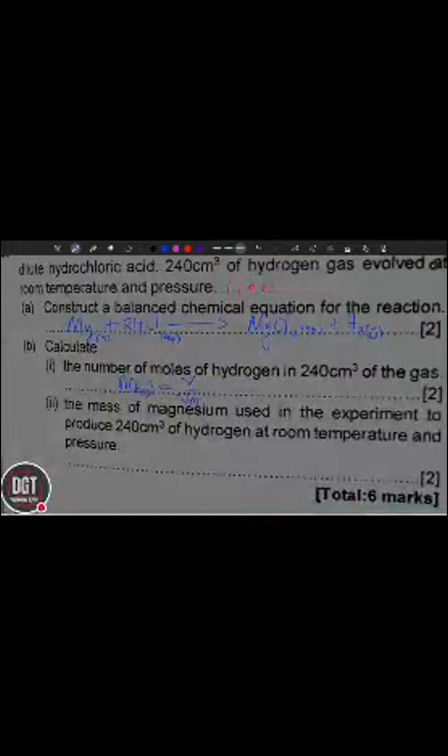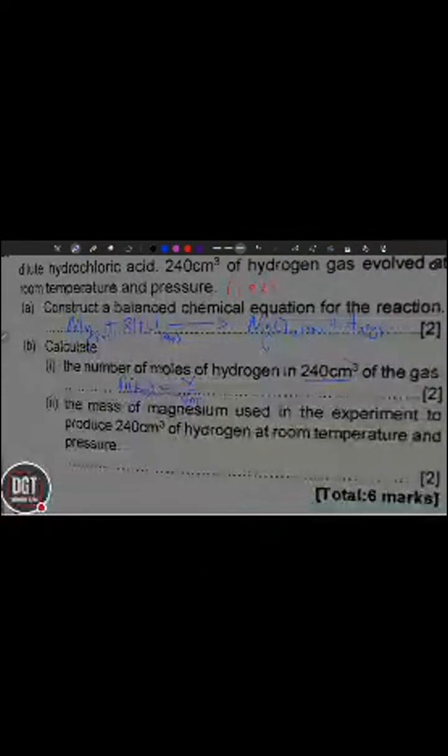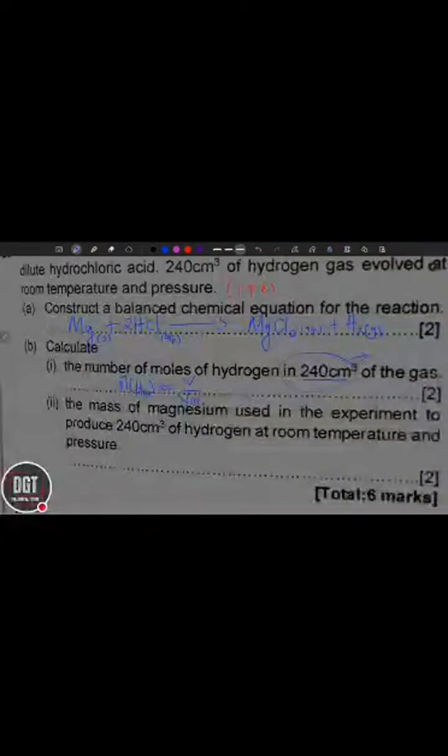Now here the volume is given in centimeter cubic. If you want to use it the way it is, make sure that you convert the molar gas volume to centimeter cubic as well. Normally at RTP it is 24 decimeter cubic.